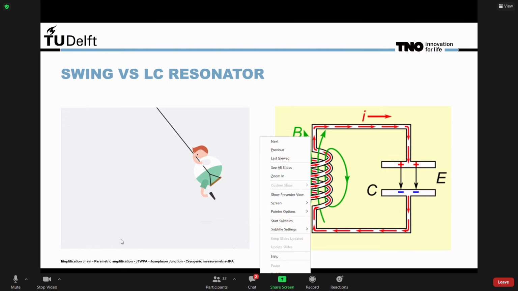As he starts to go down, he converts potential energy into kinetic energy and also starts to gain velocity. When he reaches the lowest point, he has the most kinetic energy and the lowest potential energy.